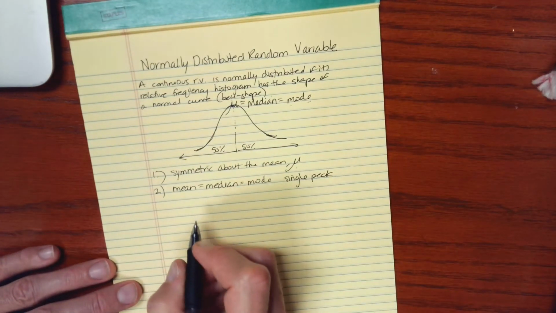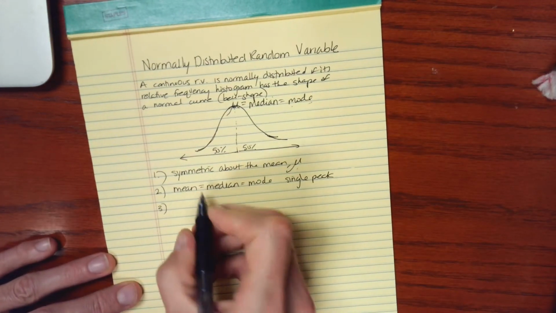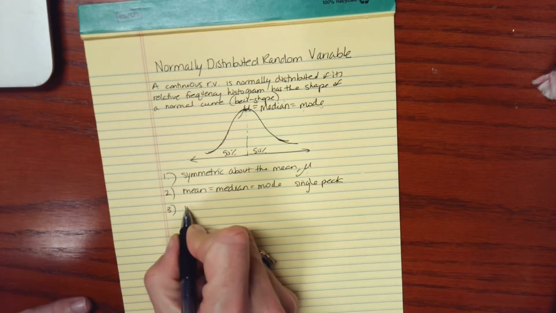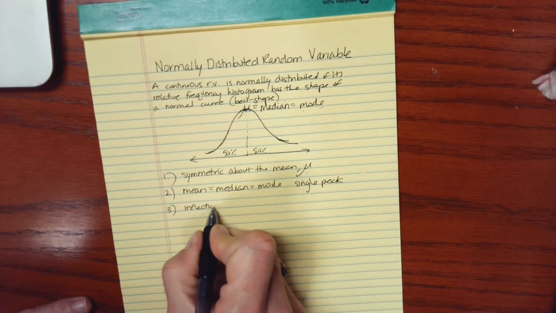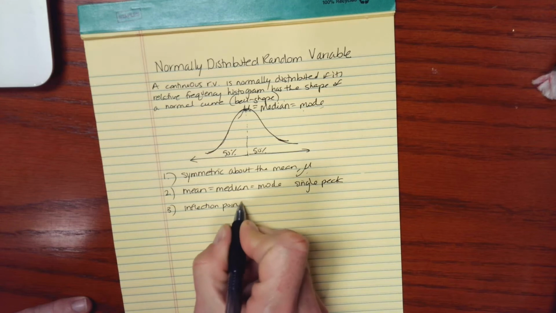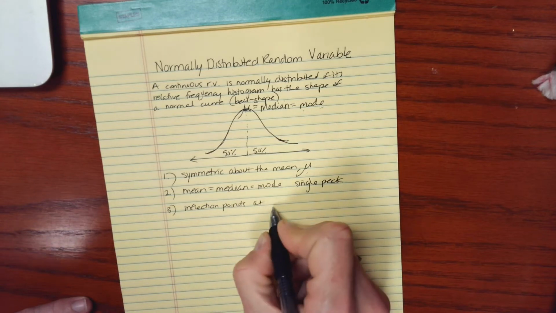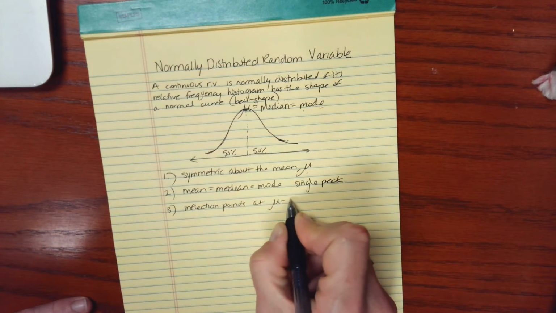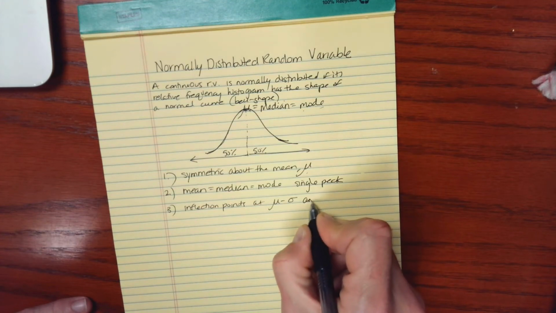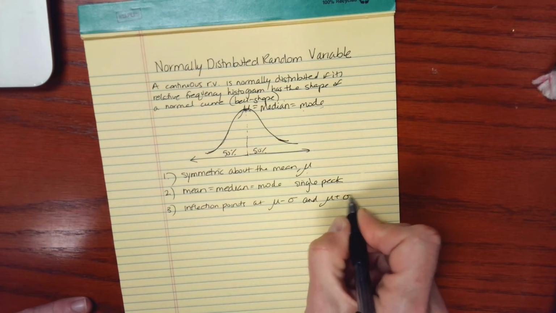This curve has inflection points at the mean minus 1 standard deviation and the mean plus 1 standard deviation.